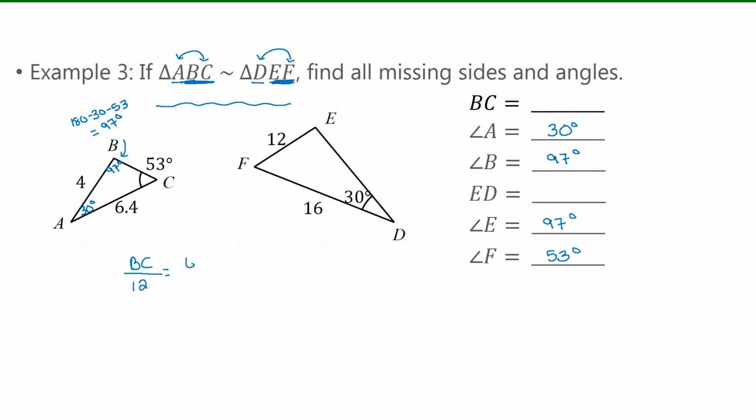So that becomes 6.4 over 16. So now cross multiplying. I get 16 BC is equal to 76.8.